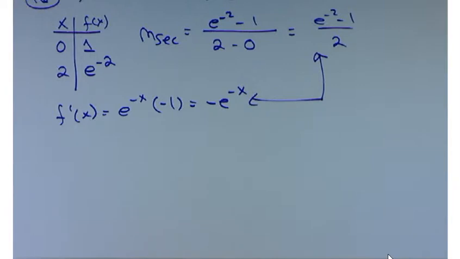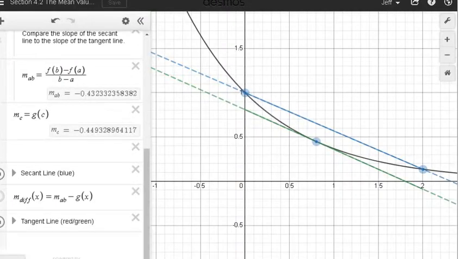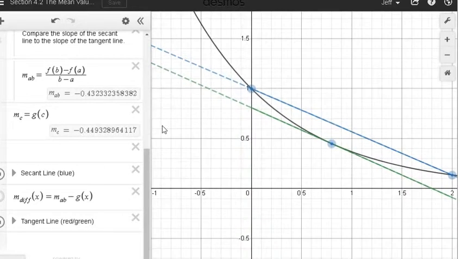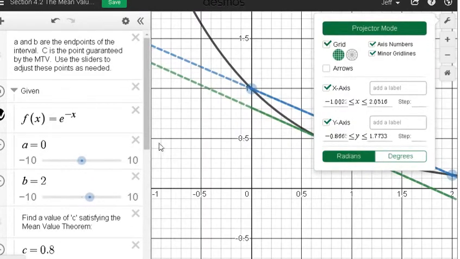Now, I'll tell you what. Before we actually solve here, let's go over to our Desmos link. And this is the one that I want. So it says the mean value theorem is the one that we're looking at. And I've got in black the graph of e to the negative x.